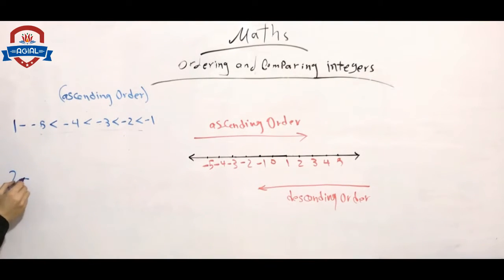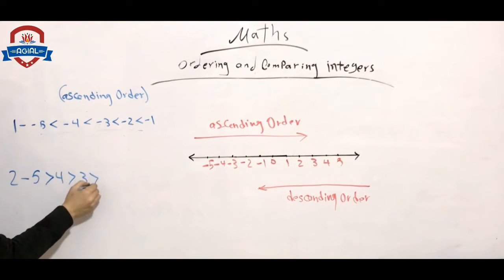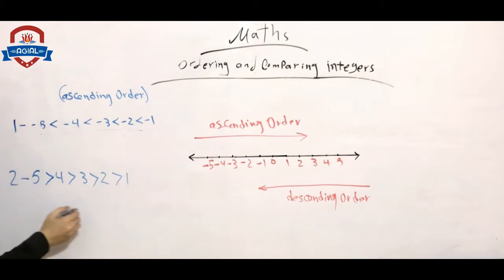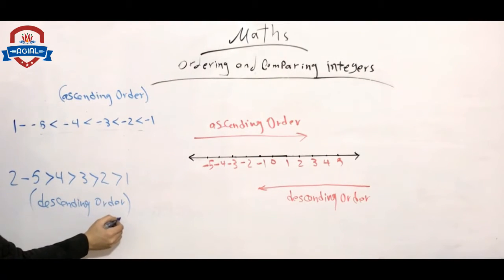And if we have 5 is more than 4 more than 3 more than 2 more than 1, this is descending order, because we arrange the numbers from the greatest to the smallest.